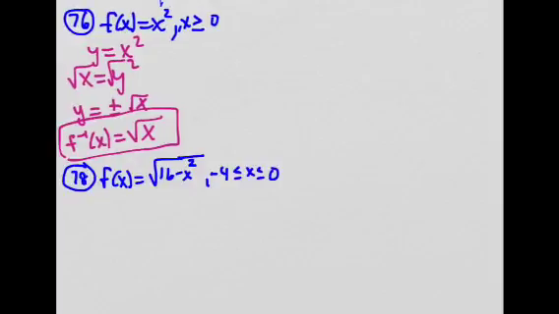Okay, so let's switch the f of x for y. Switch the x and the y. Okay, and then we want to solve for y, so we're going to square both sides.